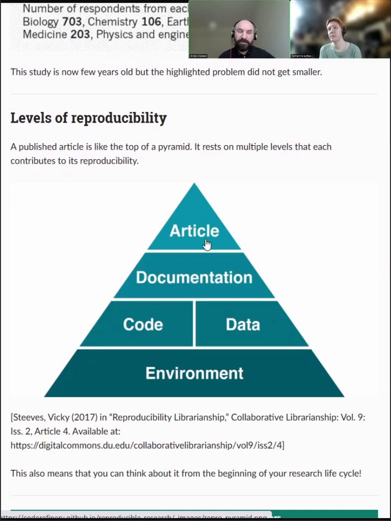Under the article, there would be the documentation, which can be software documentation, laboratory notebooks, any sort of documentation of the processes that were used. And under the documentation, of course, goes the code and the data, meaning that if some of this would be missing, if the code would disappear from the old project, or if the data would disappear, then it would start to become impossible to reproduce your old article, even for you.